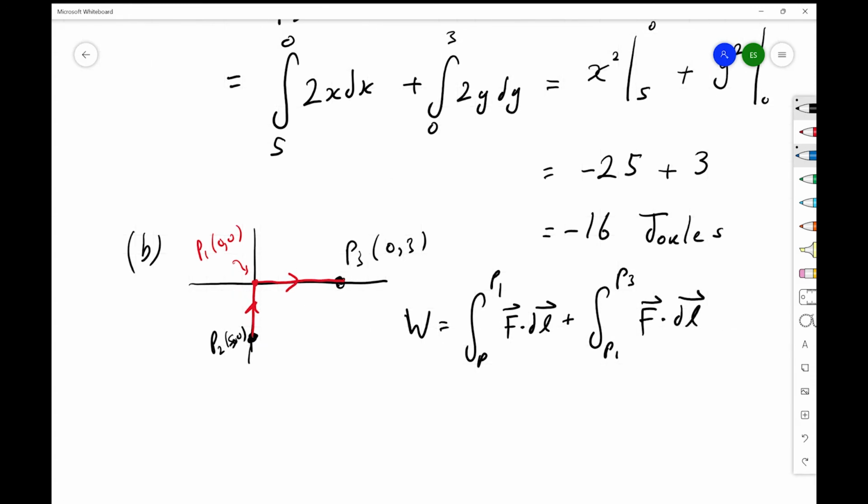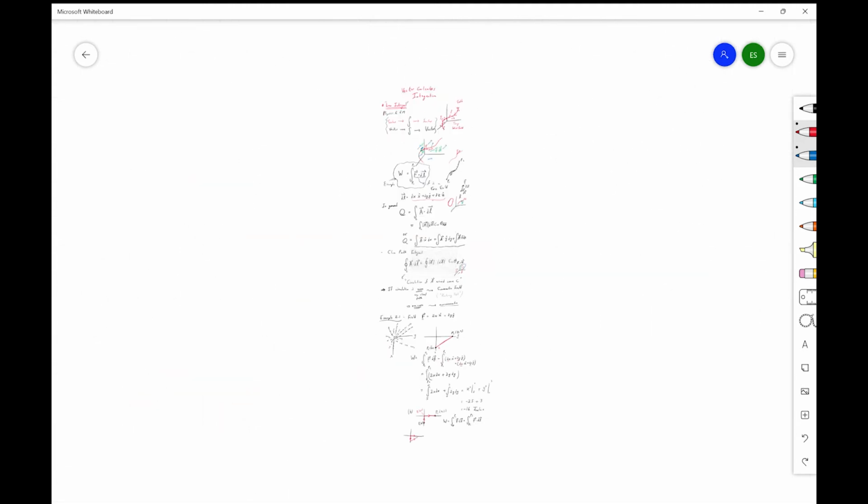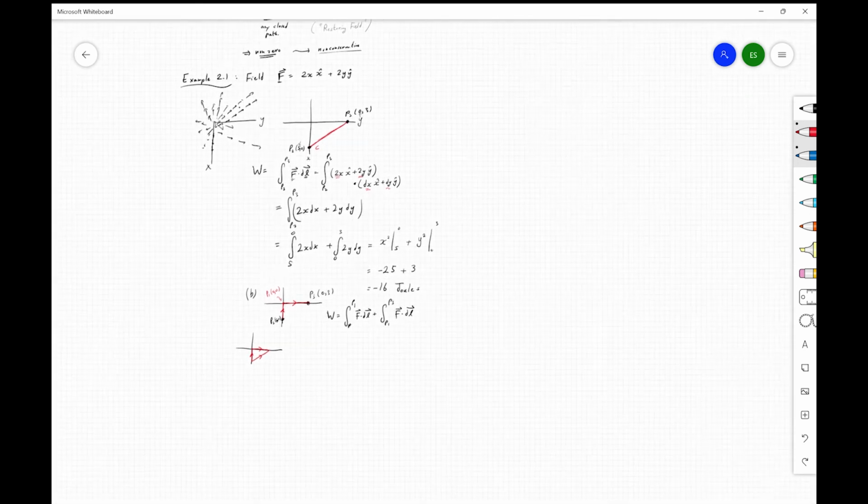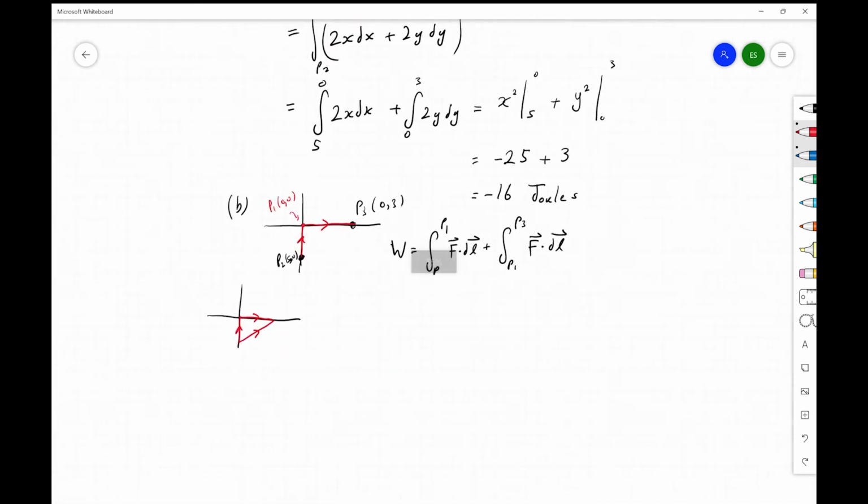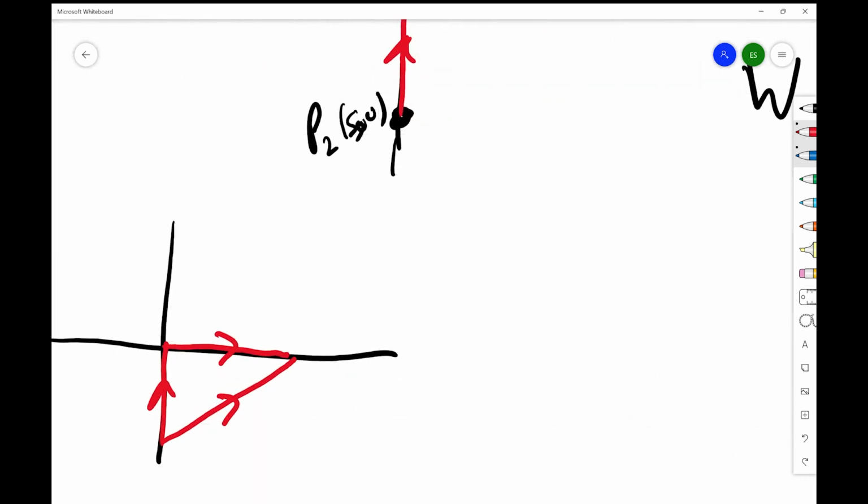What would happen if this was a conservative force, by the way? So this is the first path, and then this is the second path. If this was a conservative force, what this means is that the integral on this loop is going to be 0.